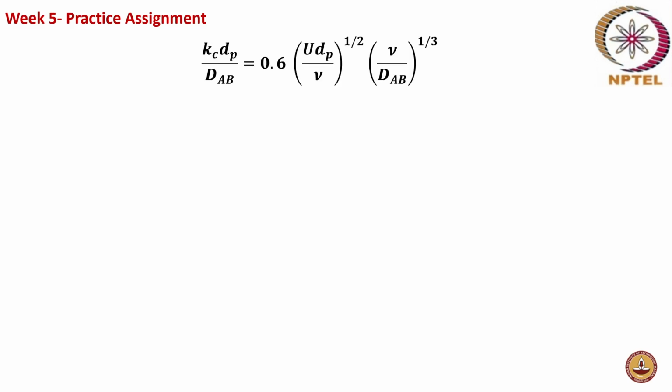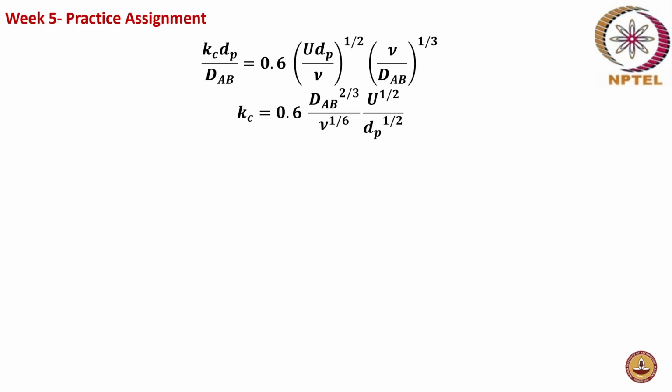Now just rearranging the formula, Kc is equal to 0.6 into dAB power 2 by 3, because this dAB goes to the right hand side. So dAB power 1 minus 1 by 3 will give you dAB power 2 by 3.